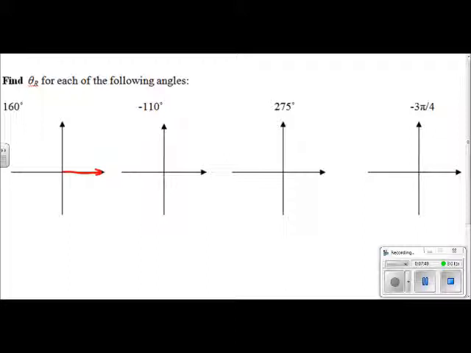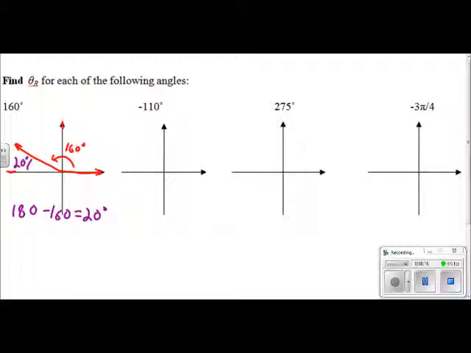If it was straight up and down, 90 is up here, and over here would be 180, so it's going to be a little bit less than 180. This is going to make our 160 degrees. To find our reference angle, remember we want this angle here, we would do 180 minus 160 equals 20 degrees. So our reference angle is 20 degrees.